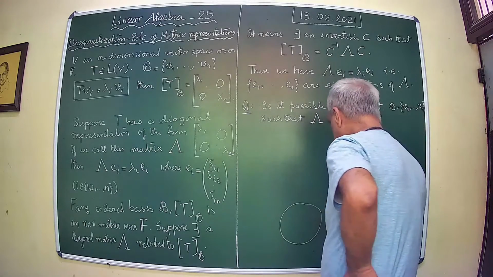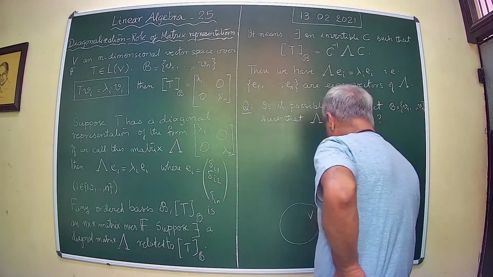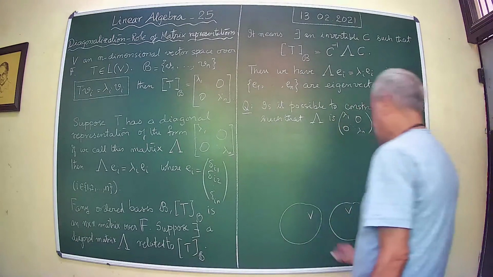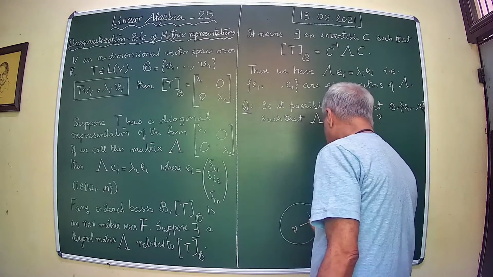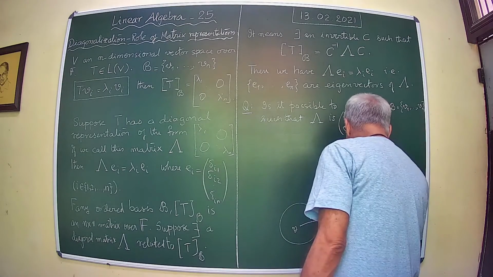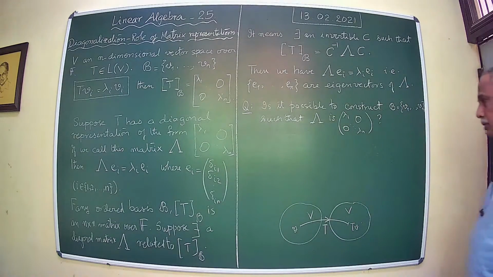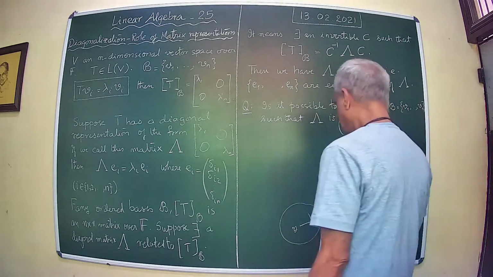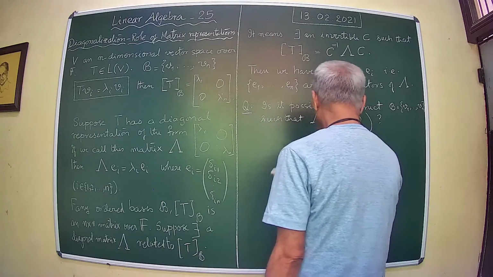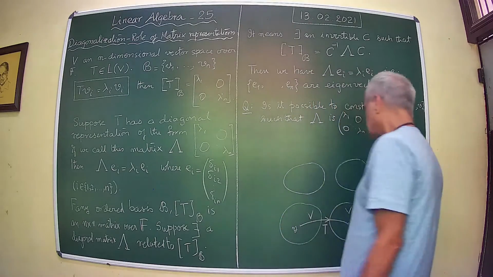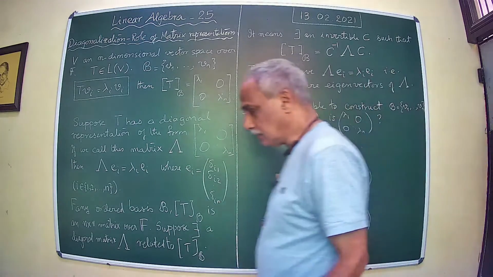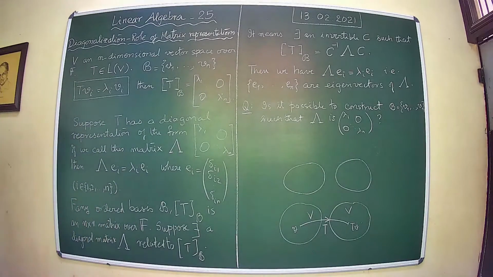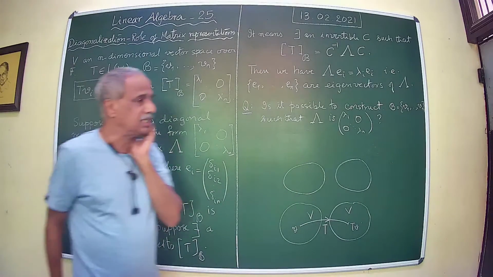Now go to the diagram that we are fond of. T is a linear transformation which carries V to V. Now we know, from our assumption, that there exists a diagonal matrix which is related to T_B.